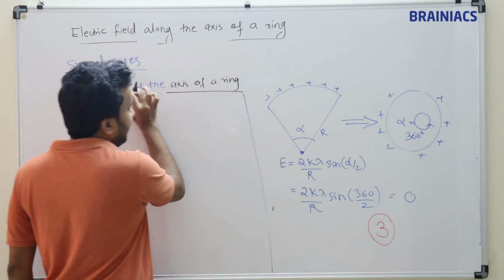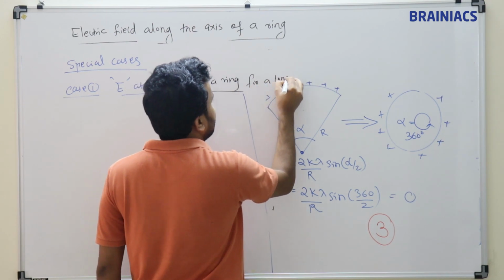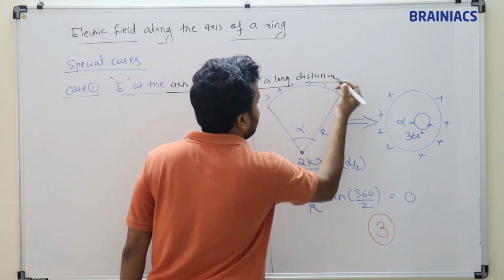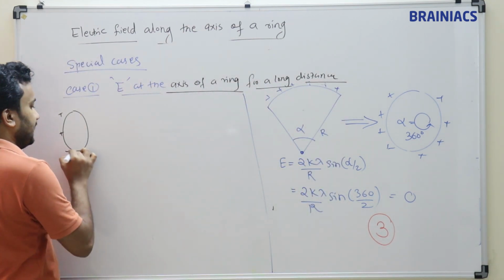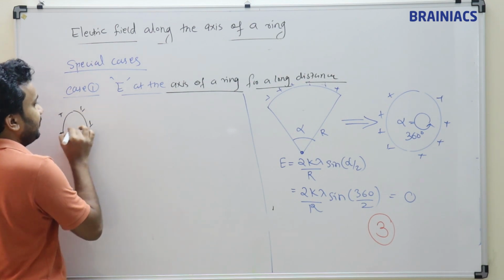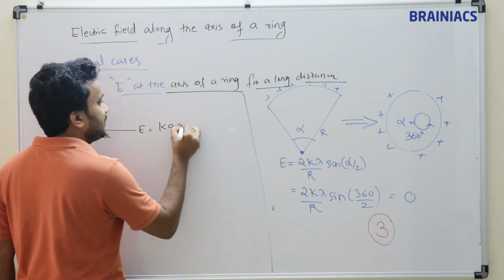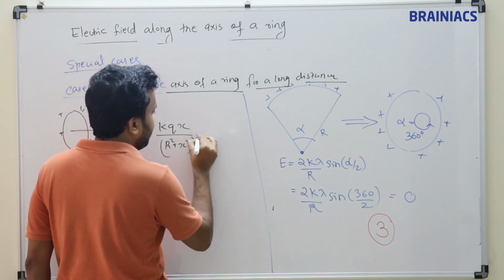Electric field intensity at the axis of a ring for a long distance, I am explaining again. We know it is a ring and the electric field intensity at this point x distance away is kqx divided by (r square plus x square) whole power 3 by 2.